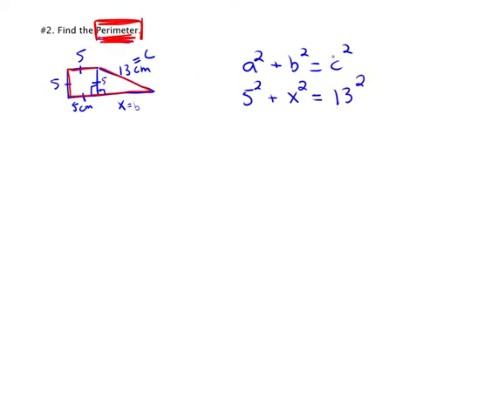So you notice that's the tricky part about this one, because we're thinking about all these other things that are part of that problem, and we need to get those numbers in the right place. So once we have that, we can do our solving. So 25 plus x squared equals 13 times 13 is 169.